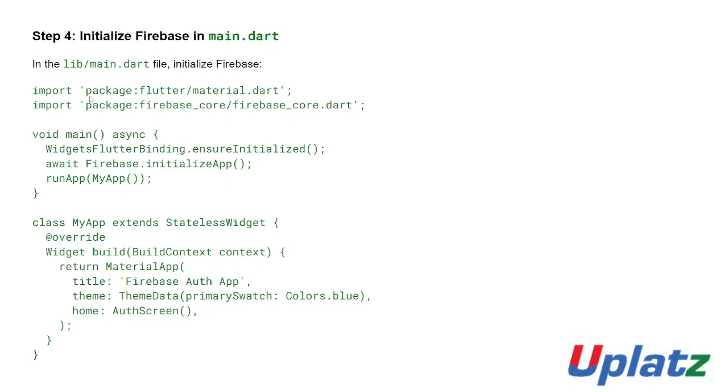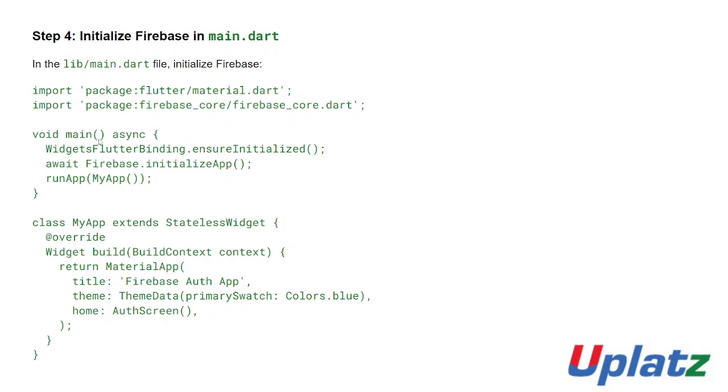Import within quotes package:flutter/material.dart. Then import within quotes package:firebase_core/firebase_core.dart, then semicolon.